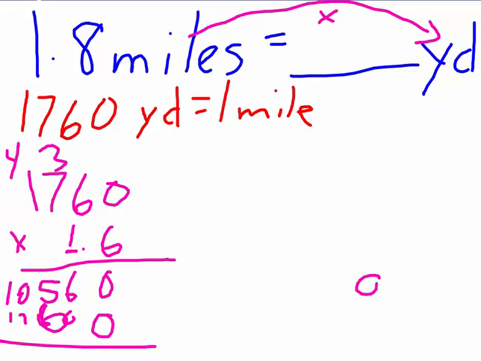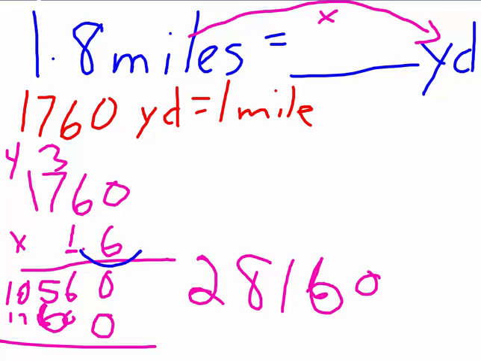And I'm going to get 0, 6, 1, 8, 2. And now I check, where does my decimal go? My decimal is moved 1 spot, so that means I'll move it 1 spot.